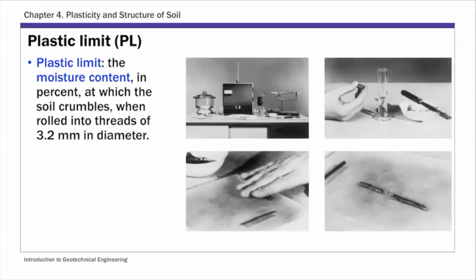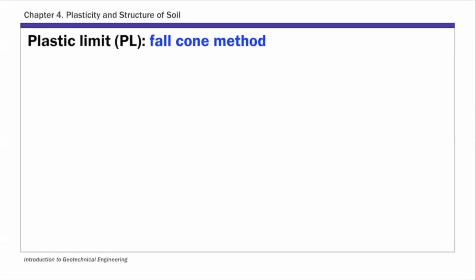And this one, it requires probably many trials, especially at the beginning, if you're not familiar with the process. And you prepare soil samples at different moisture content, try to roll it into 3.2 millimeter diameter threads and see which one crumbles. So that's your moisture content. So that's plastic limit. And then the last one, fall cone method actually.